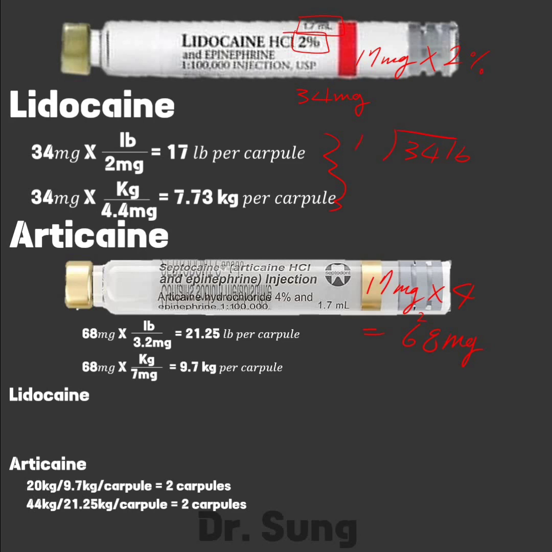We just divide by 17 and come up with 2 carpules. Also if the patient is 15 kilogram, how many carpules can we give? Just divide it by 7.73, then we come up with 2 carpules.